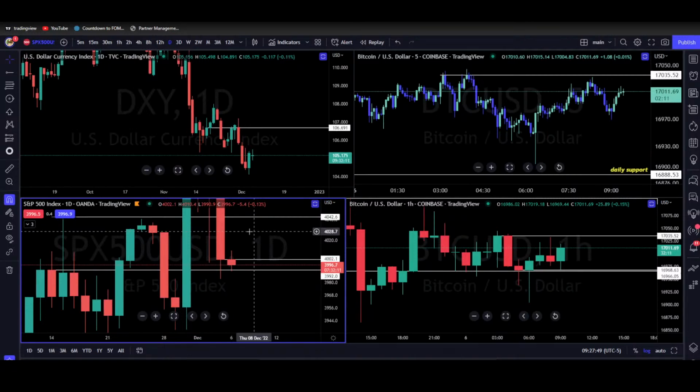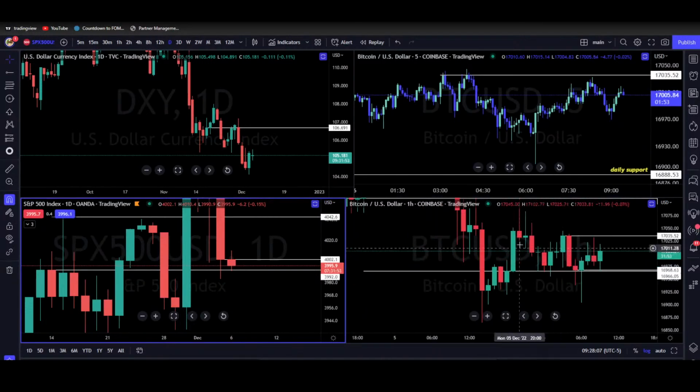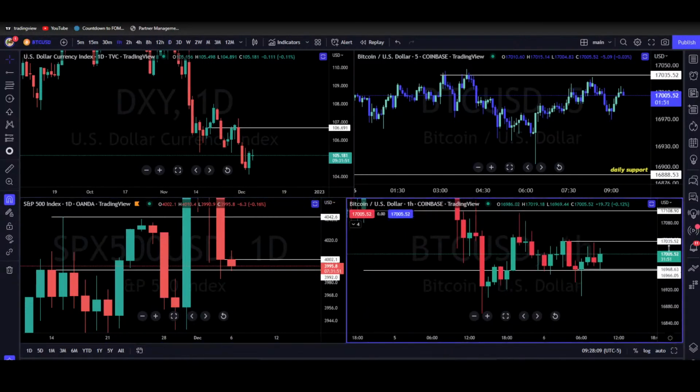All right, so yeah, let's see what happens here. I'm afraid the Bitcoin trade might have already happened. We've already taken entries. Like I said, Friday I took a bullish entry on this. I basically bought Friday's low, or Friday's wick.